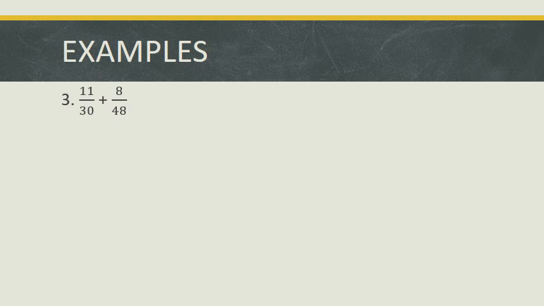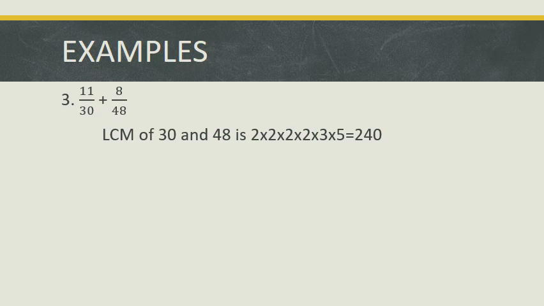So first of all, we will find the LCM of the two denominators 30 and 48, which is 2 multiplied by 2 multiplied by 2 multiplied by 2 multiplied by 3 multiplied by 5, which is equal to 240. So LCM D is equal to 240.